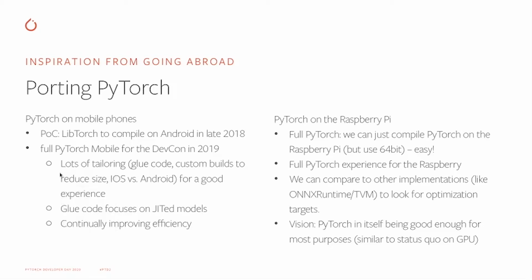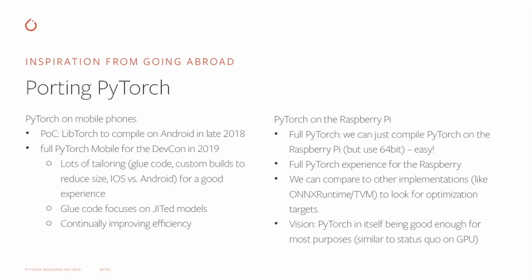Let's look. One option is to port PyTorch. So PyTorch on mobile phones became a thing in late 2018, when we had a proof of concept, and there was a full PyTorch mobile presented at the DEF CON last year.